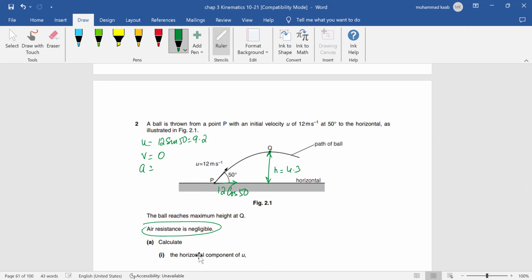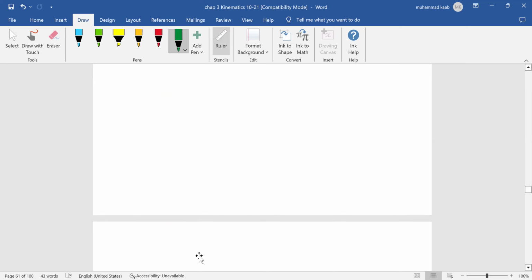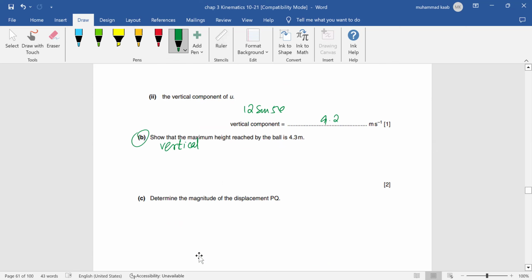And the acceleration? That'll be minus 9.81. Very good. So we have three quantities and we are interested in the vertical distance. Which equation do you use? They don't give you time, so use the equation that does not have time.